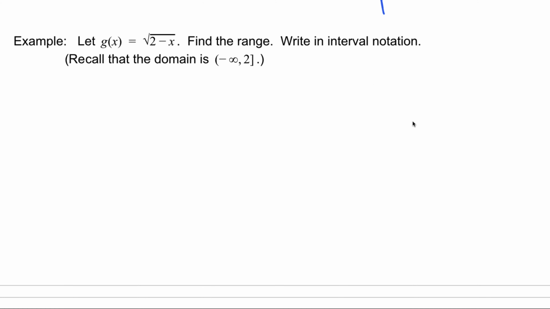Last example here. We have g of x is equal to the square root of 2 minus x. Find the range. So recall when we did this problem that the domain is negative infinity to 2. We did that in a previous video, so let's talk about what the range is. And we're going to write it in interval notation.